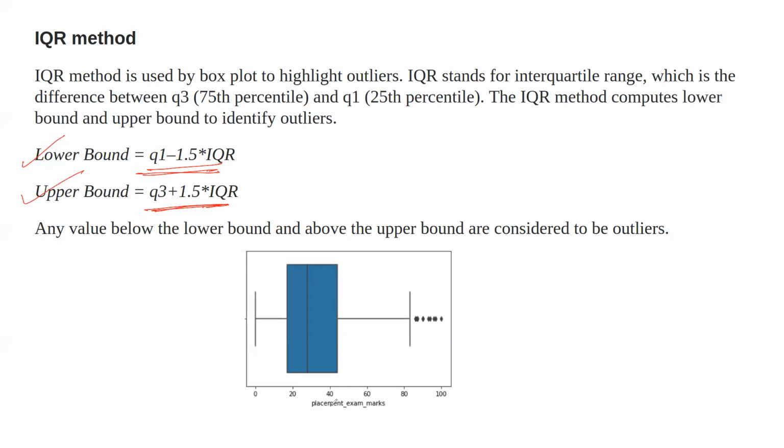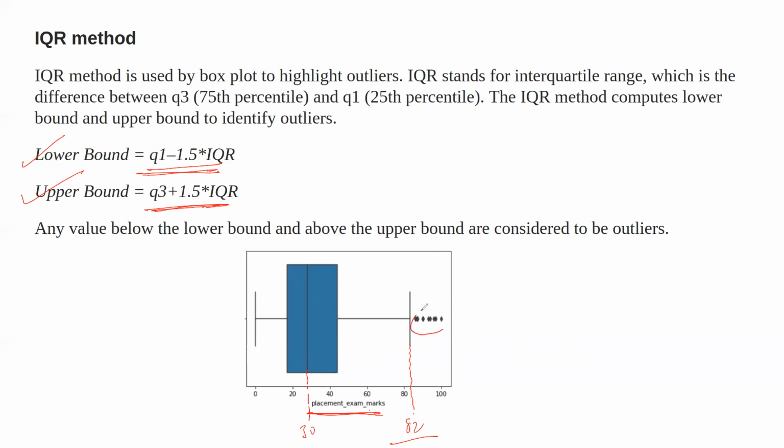Now let's say we have placement exam marks out of 100. The median marks look to be 30, and most of the marks are lying between 0 and 80. Now, let's say this is 82.